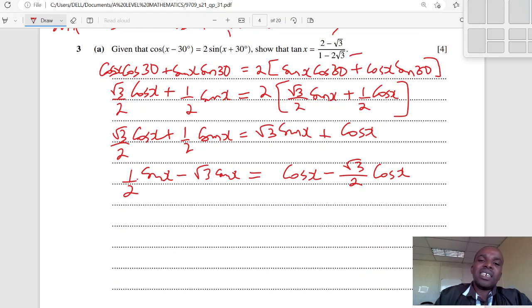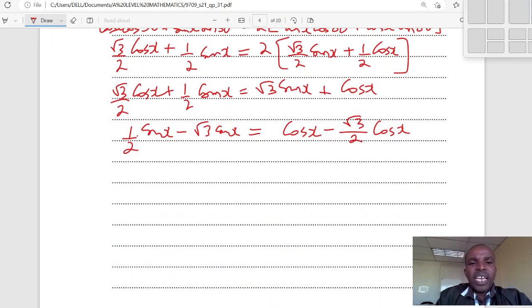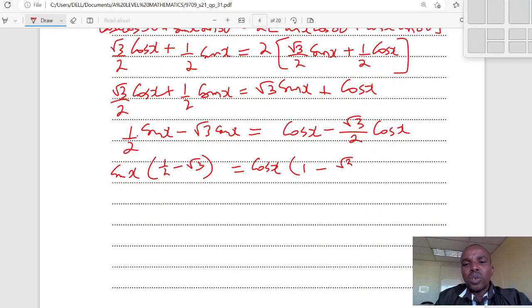Then I can factor out sin x on the left side. It will be sin x, then half minus root 3. On the right side, I can also factor out cos x, and I'll be left with 1 minus root 3 over 2.